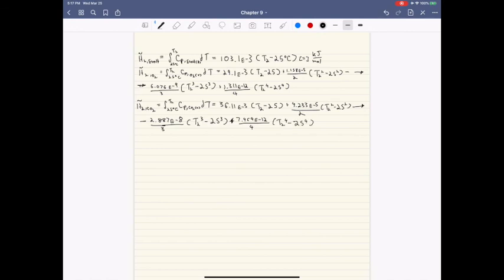Okay? And then finally, we have the specific enthalpy of the water. And that's, thankfully, much shorter. So, just to clarify, we're still integrating from 25 C to T2 the heat capacity of water, but the liquid version.